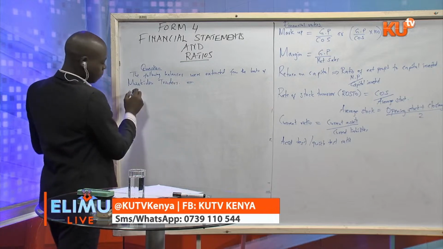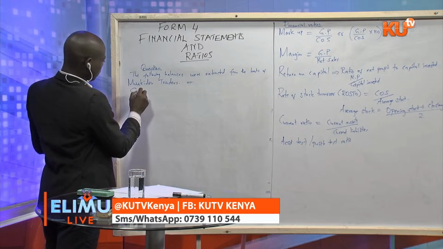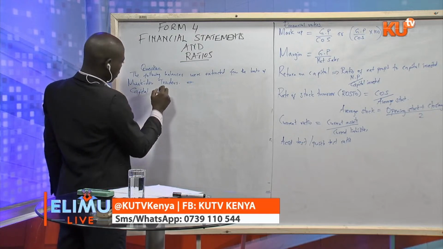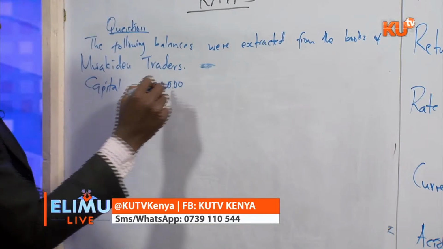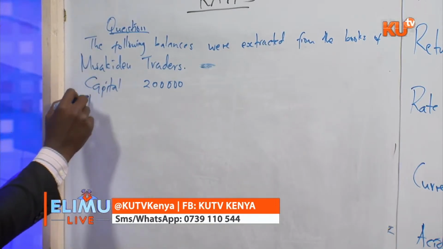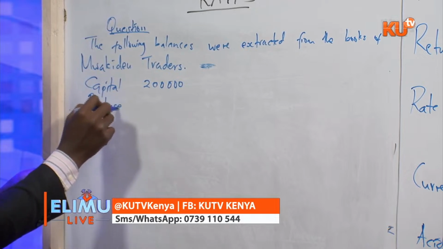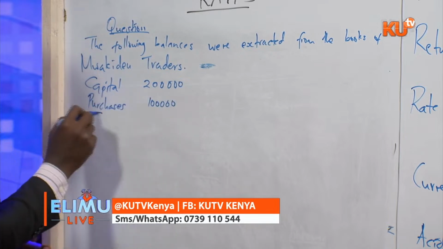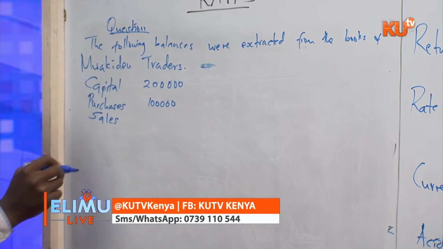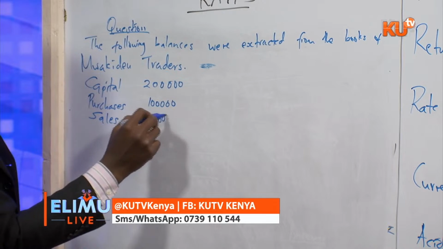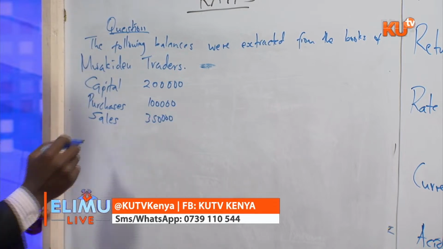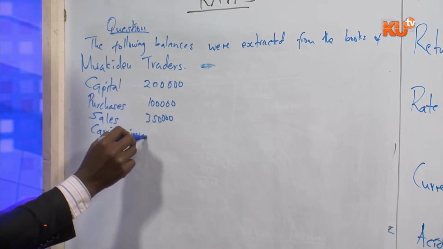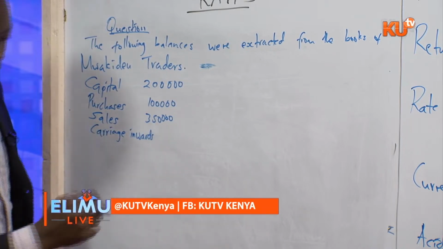We have capital, that is 200,000. We have purchases given as 100,000. We have sales given as 350,000. We have carriage inwards given as 30,000.